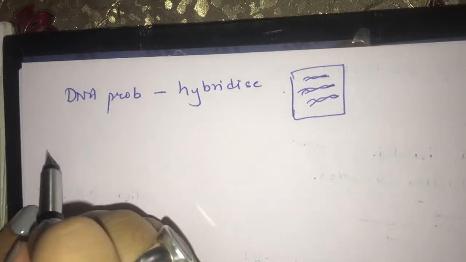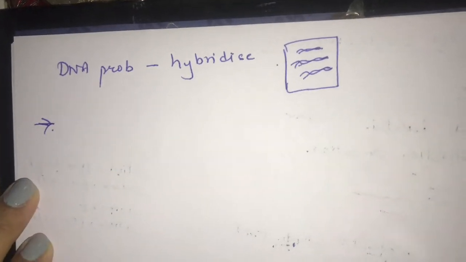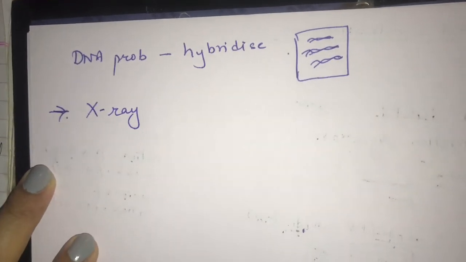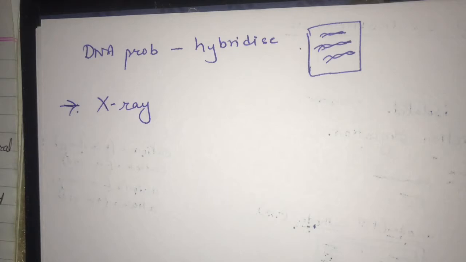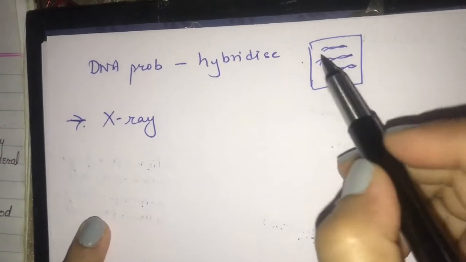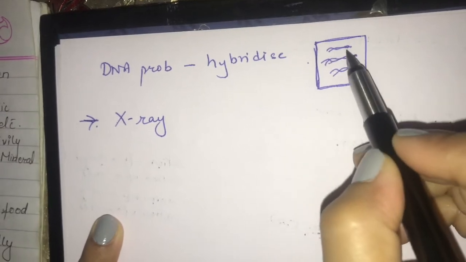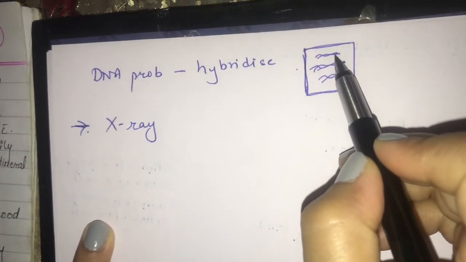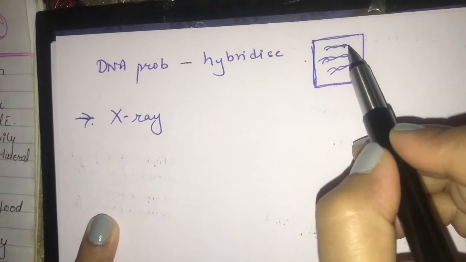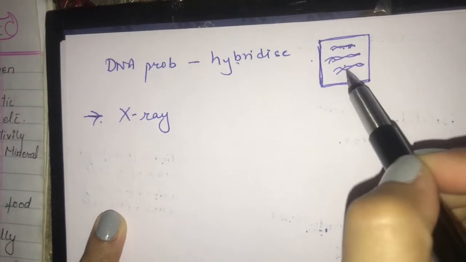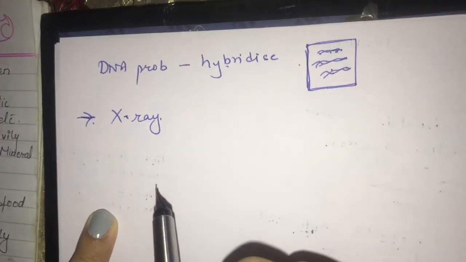Now, after that, expose X-ray films to the nitrocellulose membrane. So, this nitrocellulose paper, now hybridized with the DNA probe, is exposed to X radiation.